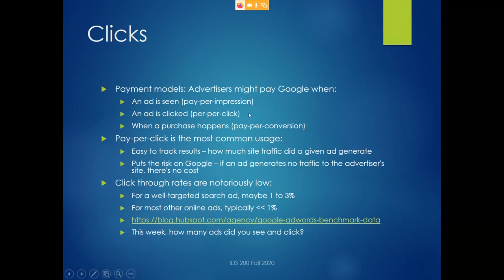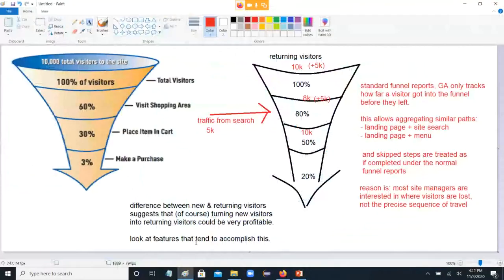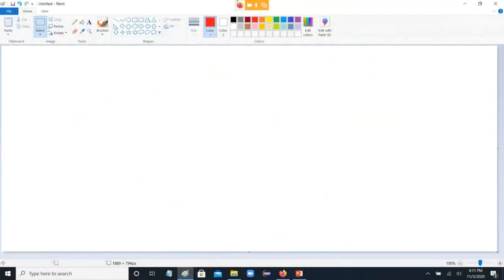So for example, pay per click might be $1. We can look at what the fair numbers would be. Okay, so fair numbers. Suppose the advertiser gets a 10% click rate, right? Click-through rate, we'll just use the technical term.